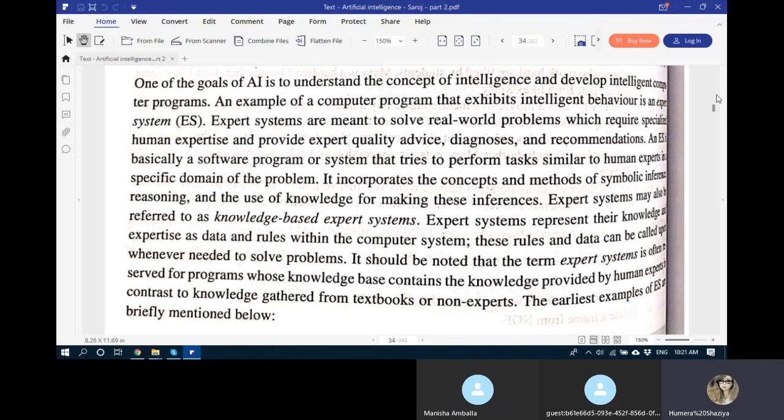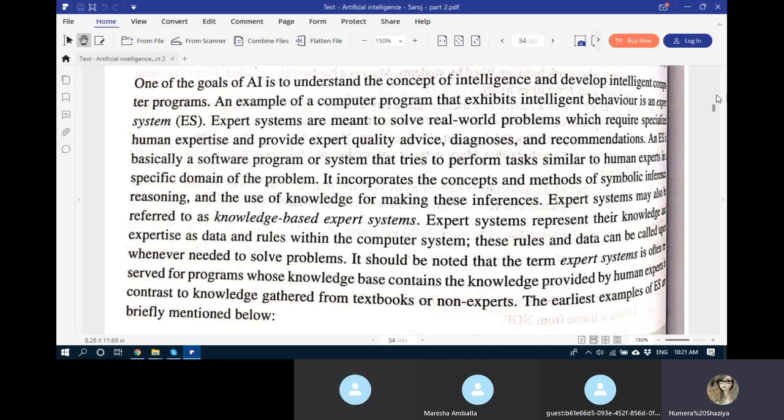What the computer program does is it has a multitude of rules, and it has knowledge, and it has data. We studied in our last chapter that an inference mechanism is used to deduce or derive new conclusions.